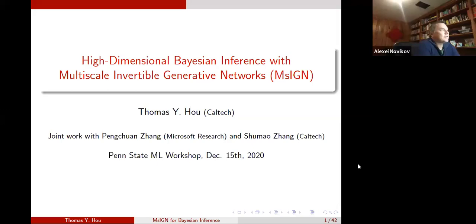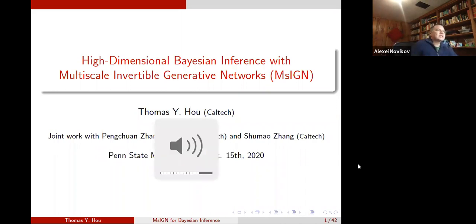Afternoon session of the workshop, and I'm very happy to introduce our first speaker, Tom Y. Hou from Caltech. Tom Y. Hou got his PhD from UCLA in '87 with Bjorn Lundquist, and then he had a couple of postdocs, I guess just one postdoc in Courant, and then stayed there for a little bit, and then became a professor at Caltech.